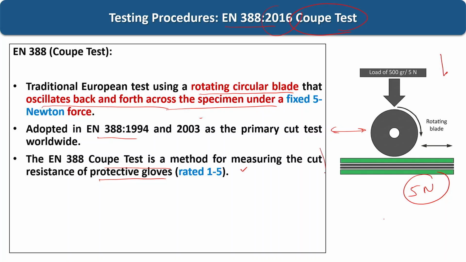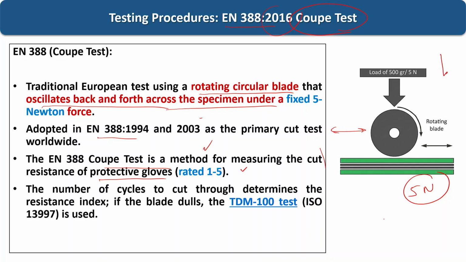To get the correct result, which will be a representative result, we use this Coupe test, and here a rating from 1 to 5 is given. Here the number of cycles to cut through is determined as the cutting resistance index. If the blade is dull, then the TDM 100 test is used.